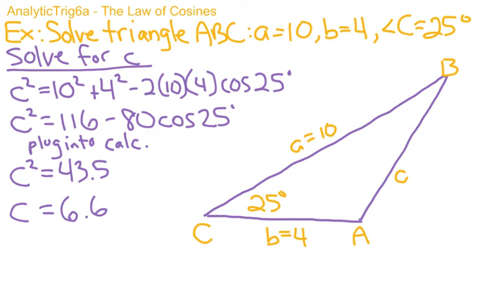We're about to use this C value in the next part of the law of cosines in calculating whatever other angle we're going to choose to calculate. So on your calculator, I would like you to store that value as C. So stick with me here, press the store button on the left side of your calculator. It says STO with an arrow.